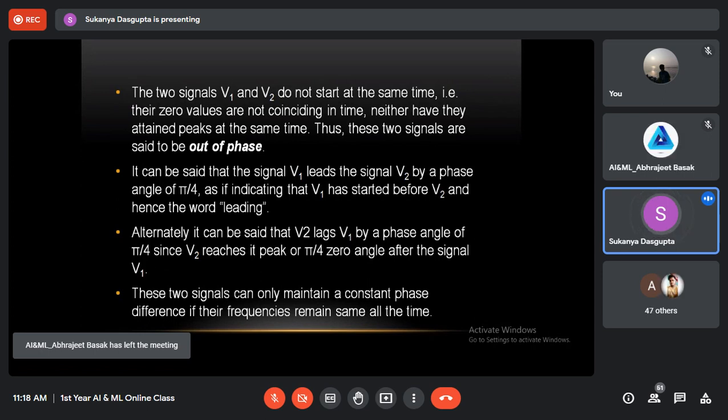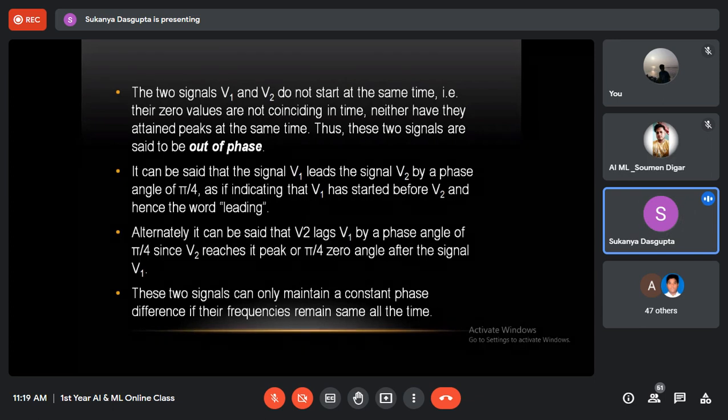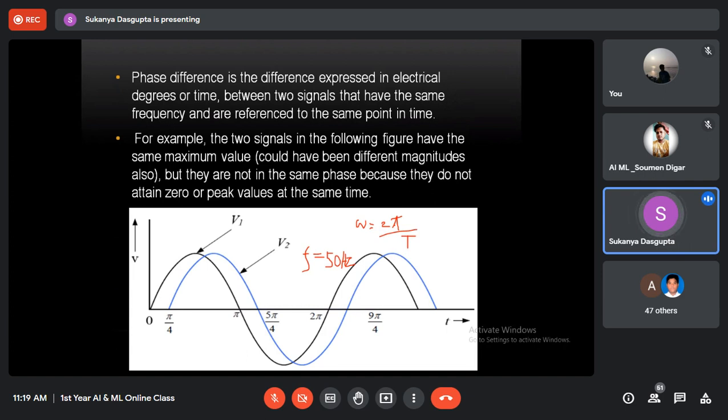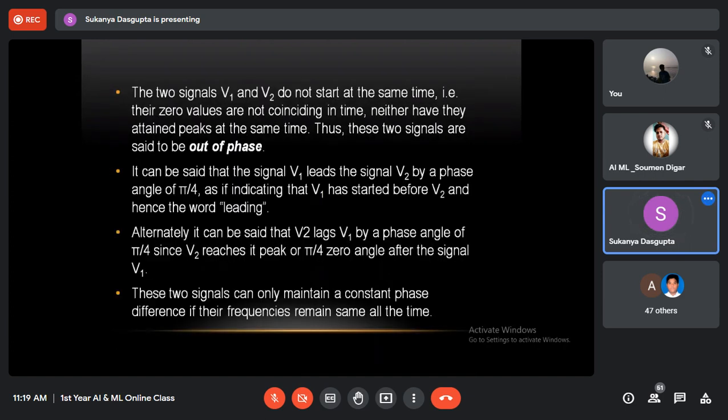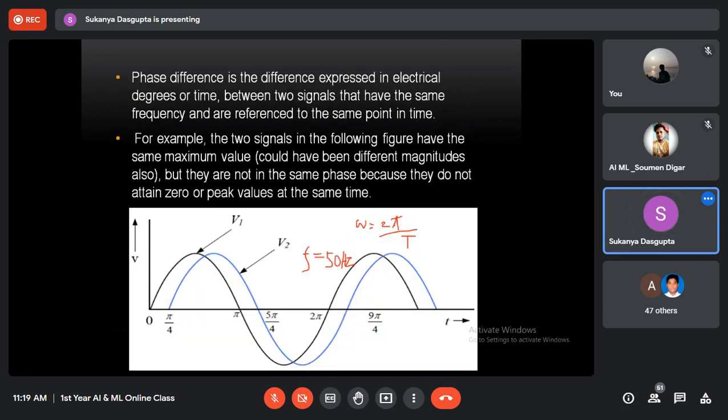We can say that the signal V1 leads the signal V2 by a phase angle of pi by 4, as it is indicating that V1 has started before V2, and hence the word leading. Look at the figure, V1 is leading V2, or alternately you can say the signal V2 lags V1 by a phase angle of pi by 4, since V2 reaches its peak pi by 4 angle after the signal V1. Okay.